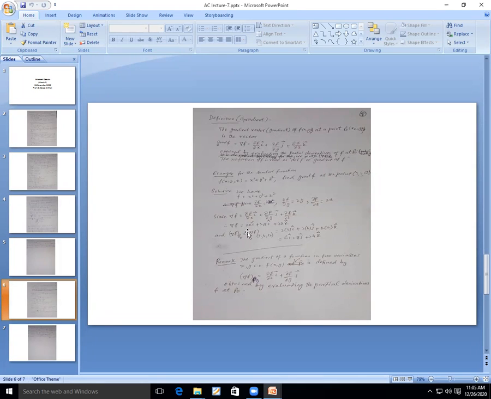By the definition of gradient of f, del f is del f over del x i vector plus del f over del y j vector plus del f over del z k vector. अब इस formula में ये values लगा दें, you get gradient of the given function, which is equal to 2x i vector plus 2y j vector plus 2z k vector.